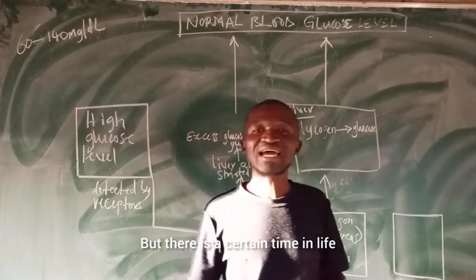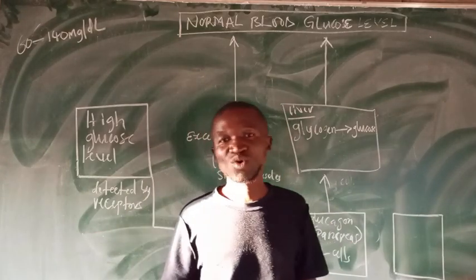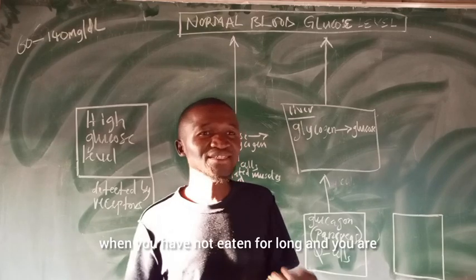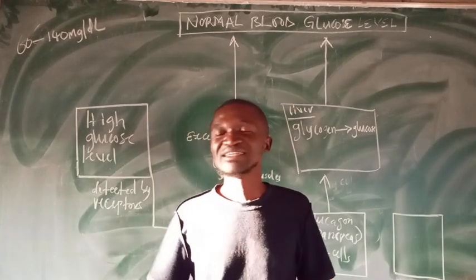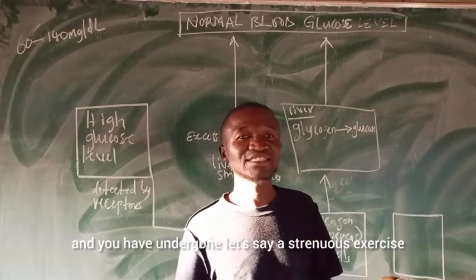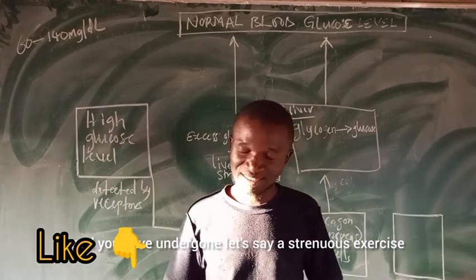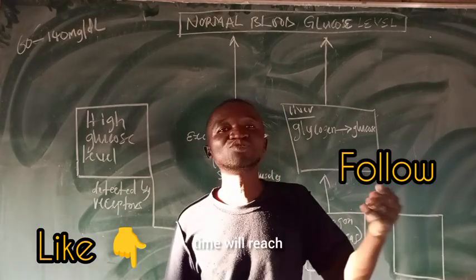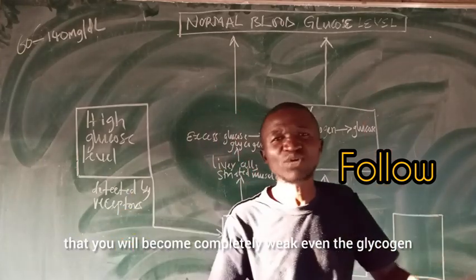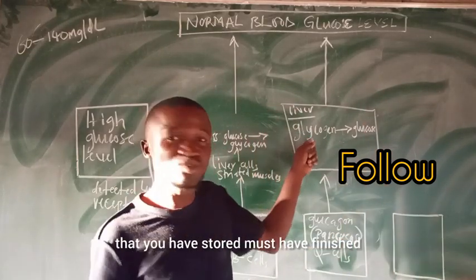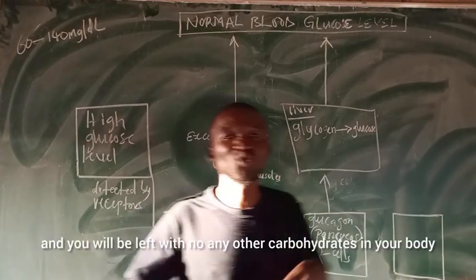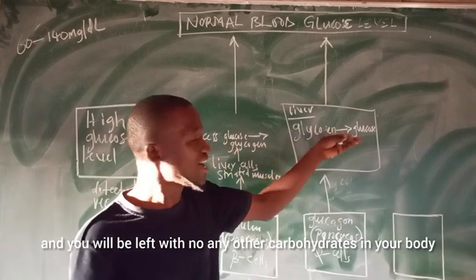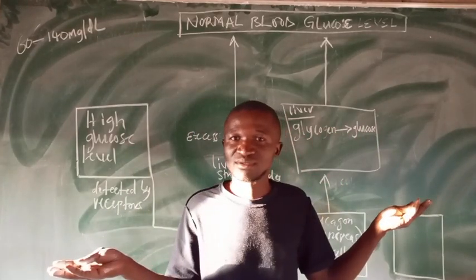But there is a certain time in life when you have not eaten for long and you have undergone, let's say, strenuous exercise. A time will reach that you become completely weak. Even the glycogen that you have stored must have finished, and you are left with no other carbohydrate in your body.